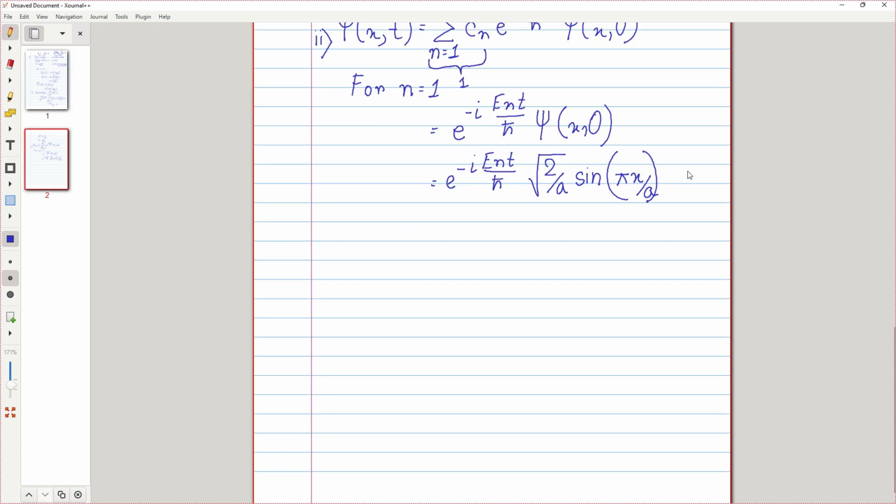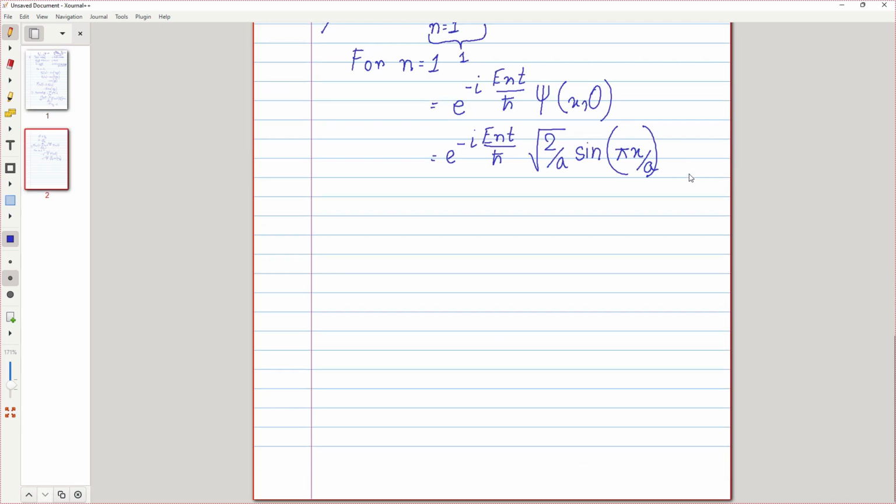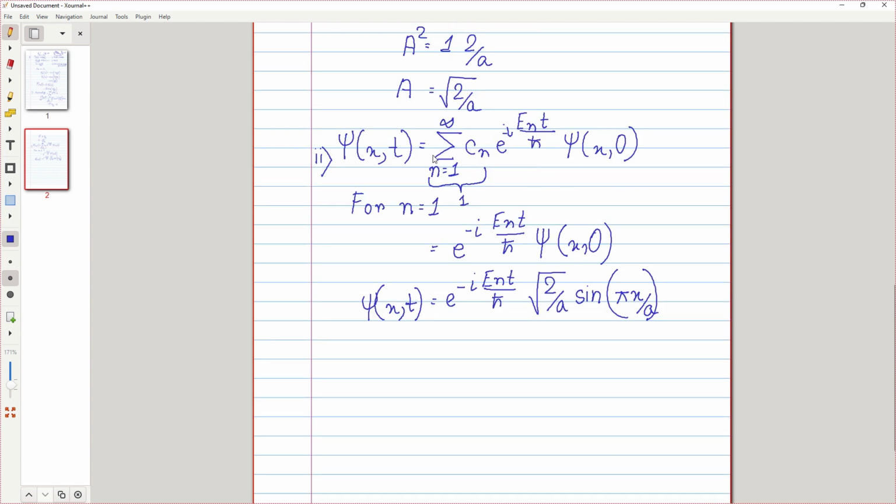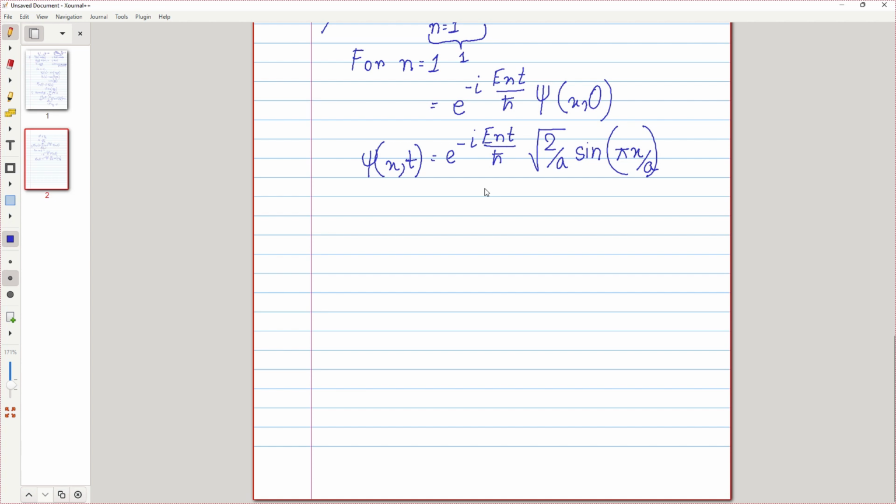It is not a very hard integration. Then we just get psi of x and t for the n1 state; we are not considering n2. If we consider n1, n2, n3, we get the summation, and it will not equal 1. So we just get this function, and this is the wave function for number 2's answer.